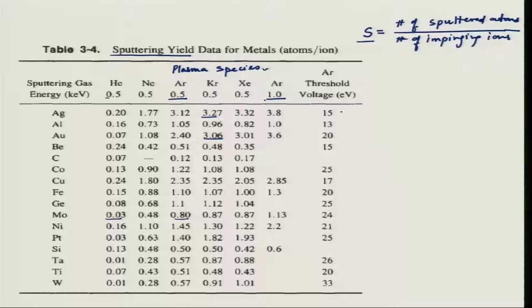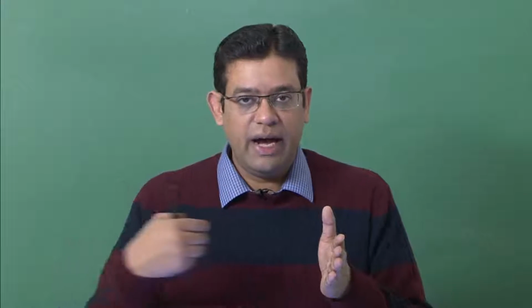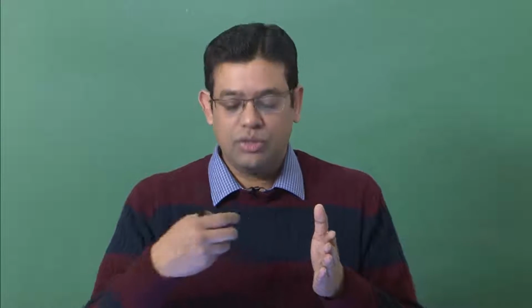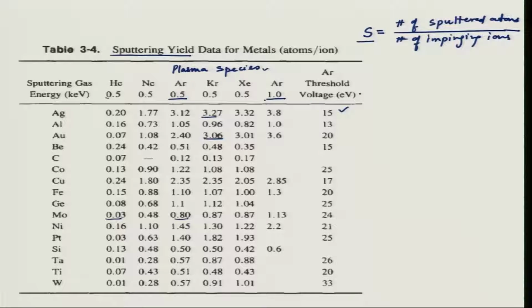And there is a threshold voltage for sputtering. How much the energy of the ion should be so that you can start sputtering, and this threshold voltage depends on how strongly the atoms of the target are bonded together. So, at what energy the approaching ions will be able to sputter is a quantity called threshold voltage.